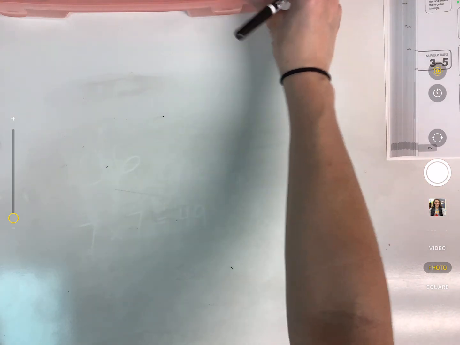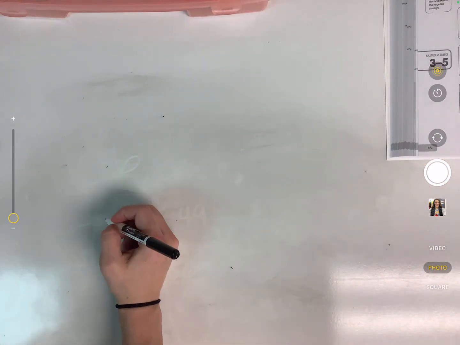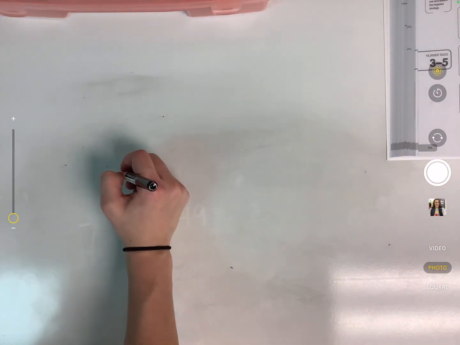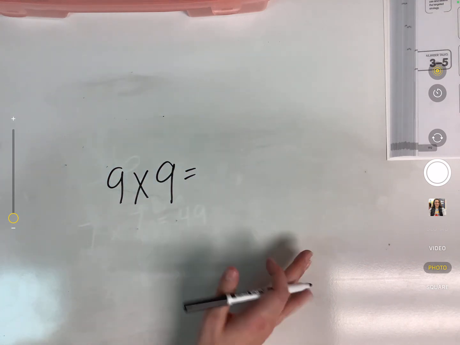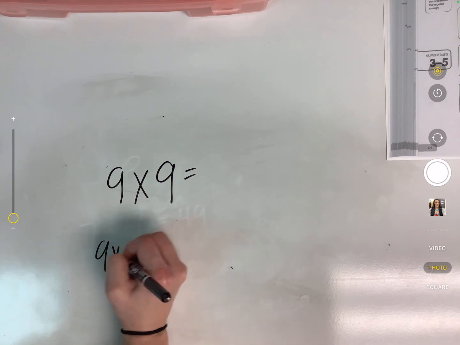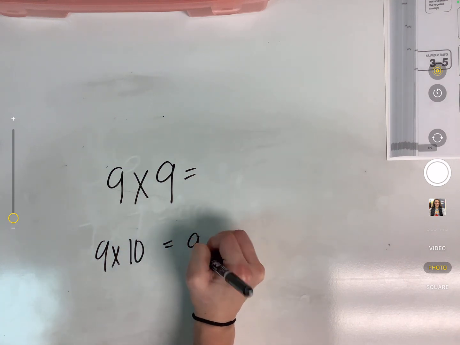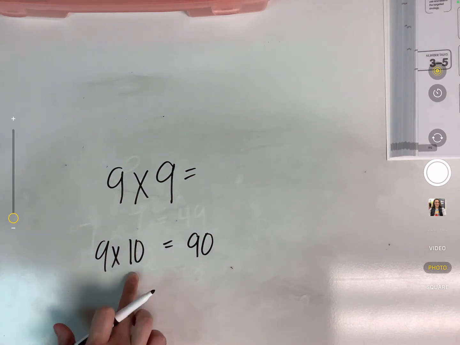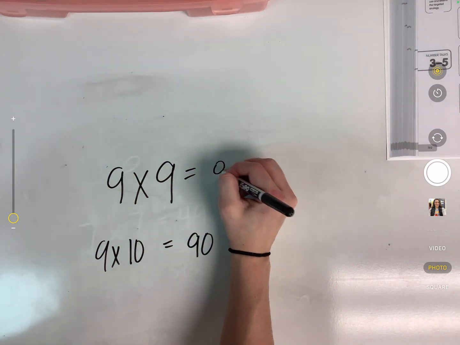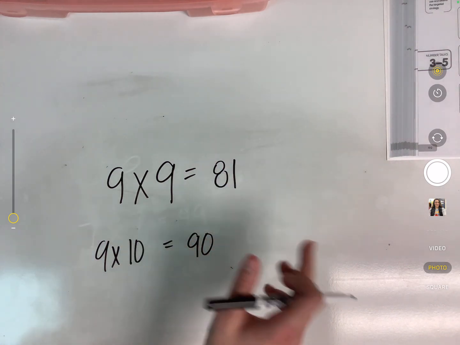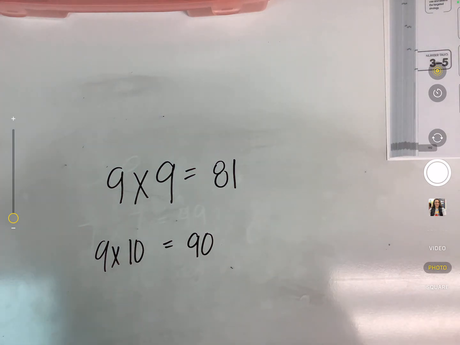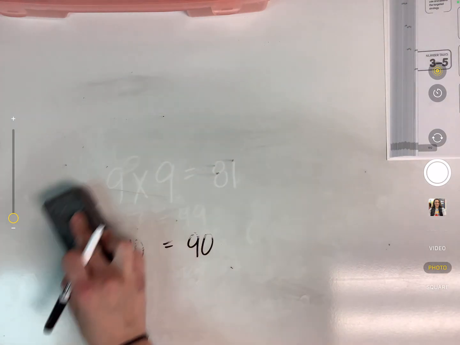So when you're doing multiplication, just think about what you know so you can apply that to what you need to know. Because, for example, if I asked you what 9 times 9 was, well, I know that 9 times 10 is 90. And if I take away 1 9, I get 81, right? That tells me 9 groups of 9, because I know 9 groups of 10 is 90. So just try and think about that whenever you're multiplying.